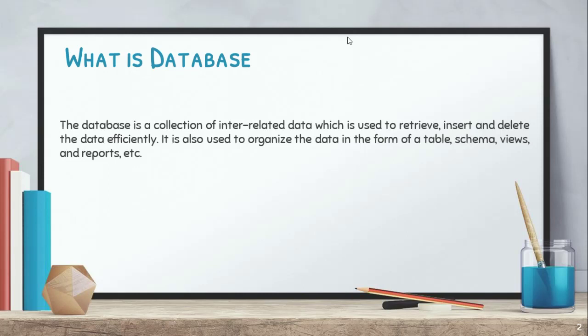It is also used to organize the data in the form of tables, schemas, views and reports, etc. For example, the college database organizes the data about the admin, staff, students and faculty, etc. Using the database, you can easily retrieve, insert and delete the information.